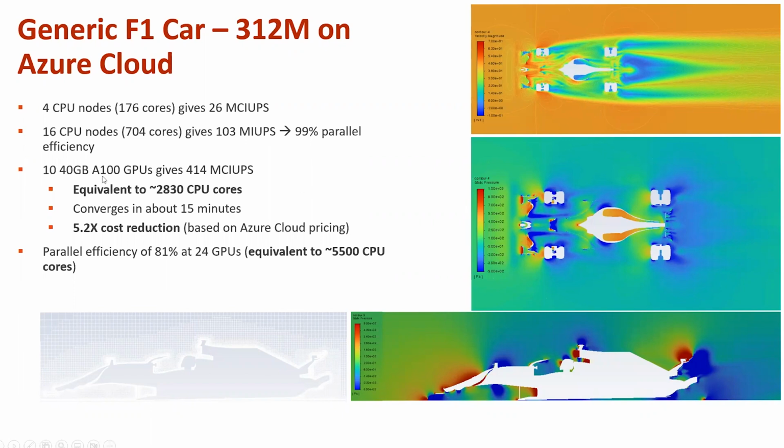Now, the same problem, when it is scaled up even further, instead of using 10 GPU cards, if you end up using 24, then you get a parallel efficiency of almost 81%, which is roughly equivalent to 5,500 CPU cores. So again, that's great. And you see this level of parallel efficiency because it's a huge mesh, right? It's a 312 million mesh. Okay. So this is really good.